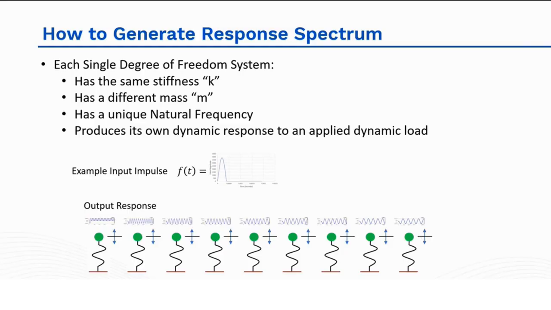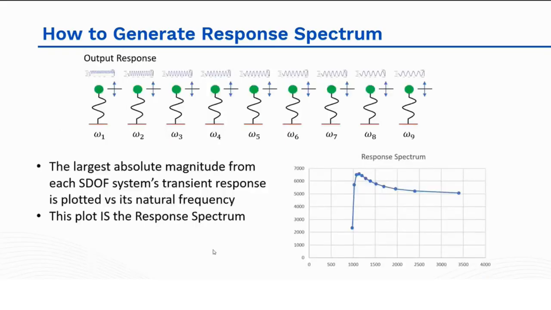Keeping in mind, they all look like they're the same, but they actually have different masses, and they all have different natural frequencies. We pick out the largest magnitude of our response from each one of these oscillators, and we plot that versus the natural frequency of that oscillator. And what we produce is a response spectrum.